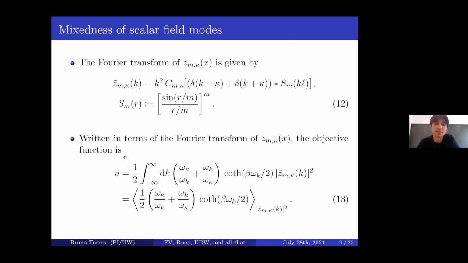So now the objective function can be written explicitly as this, where just for the sake of notation, I'm defining this expectation value under this probability distribution that's given by the modulo square of zeta tilde, so z, sorry, in momentum space.